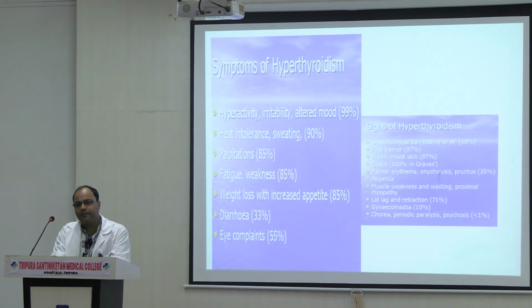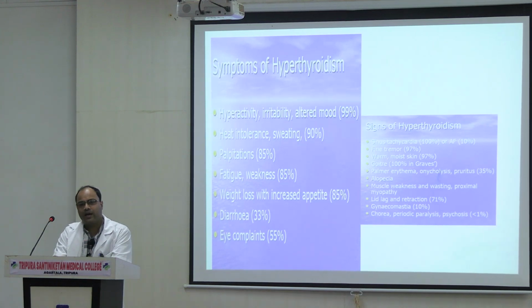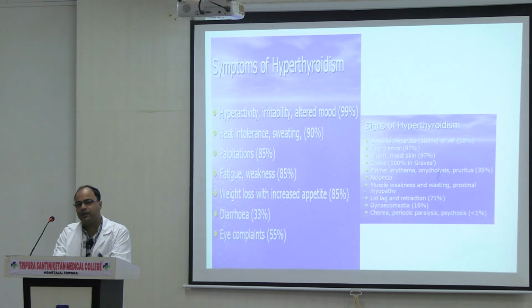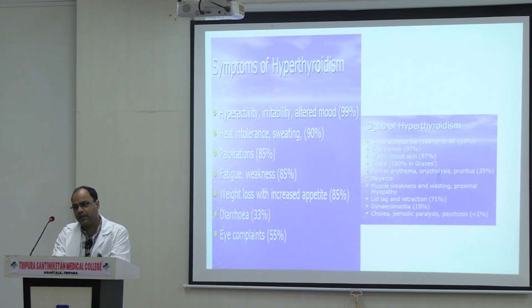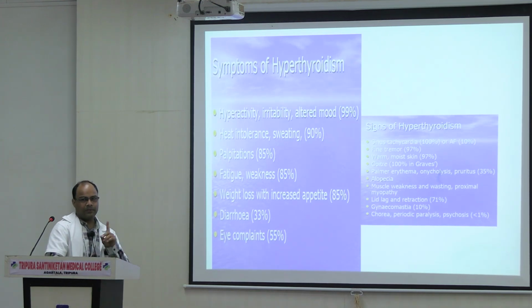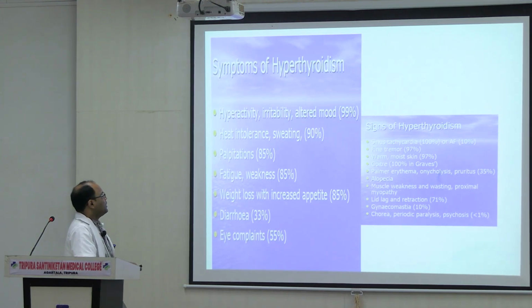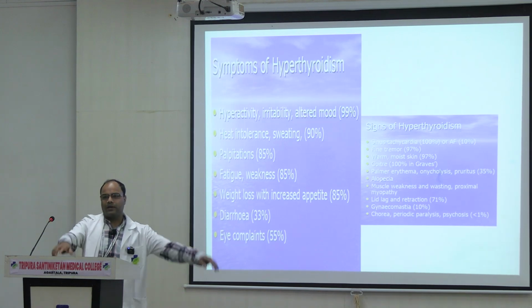What is resting tachycardia? The patient is in a quiet room, sleeping peacefully, and still his or her heart rate is very high, more than 100. This is called resting tachycardia. This is one very important sign. Next is fine tremor. What is fine tremor?